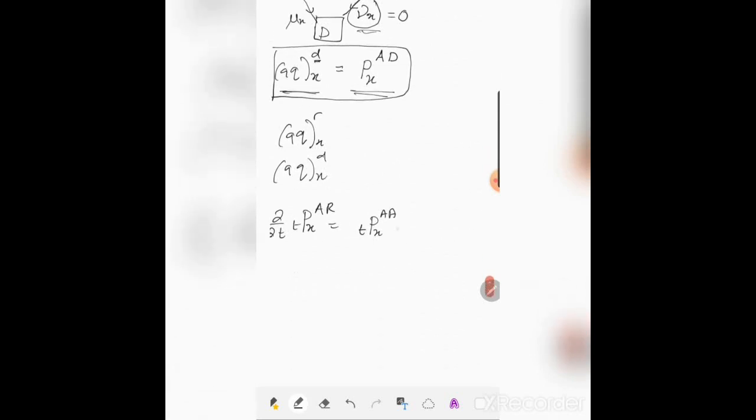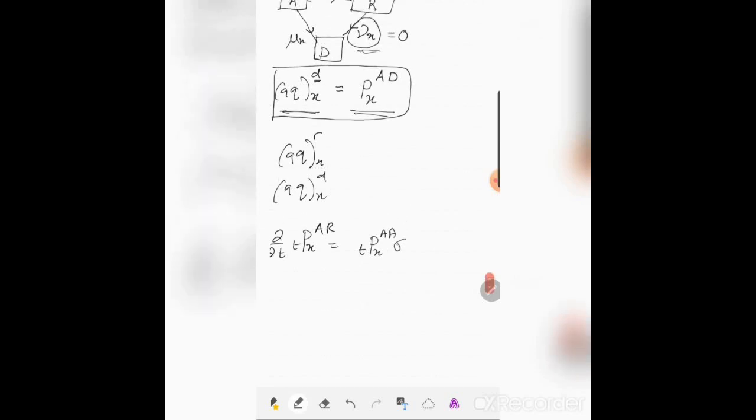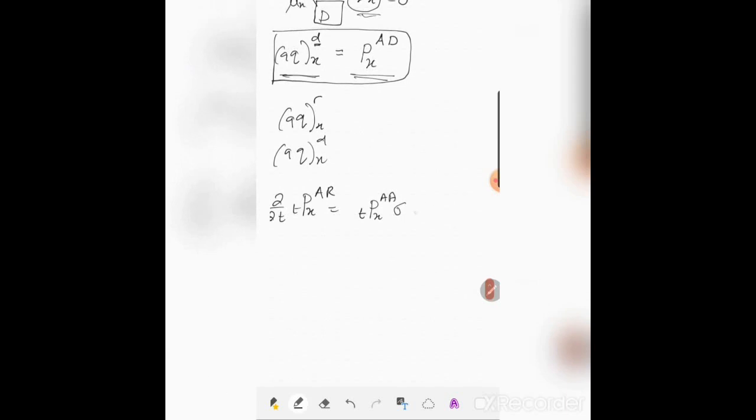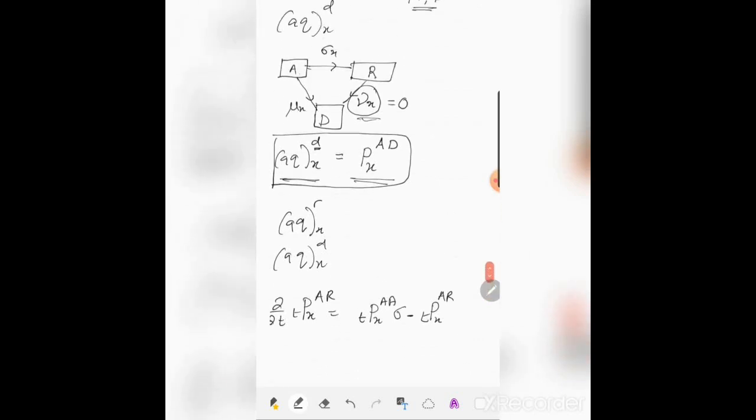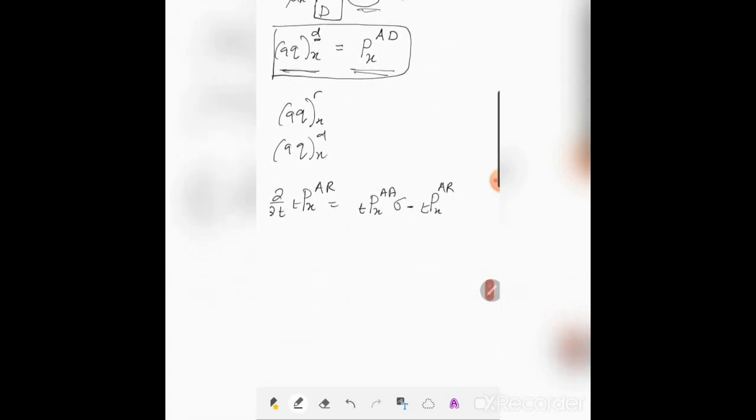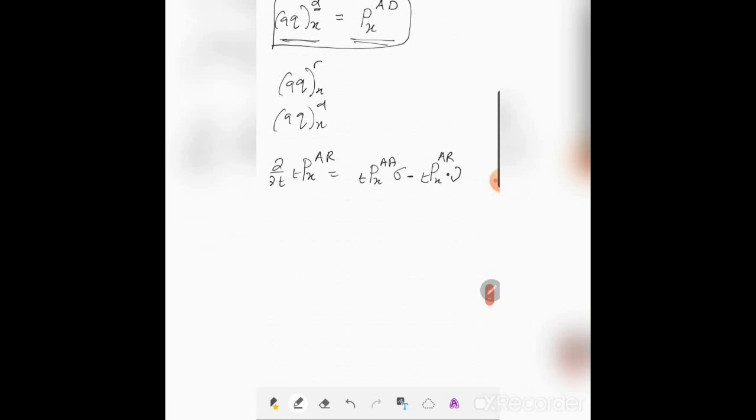It's coming out as sigma, and from here I can go to retired in any form. So I'm subtracting TPX AR, going from active to retired, and from retired coming to the death part, and the only transition is nu X. So we know that the derivative with respect to T of TPX AR is the same as TPX AA times sigma minus TPX AR times nu.